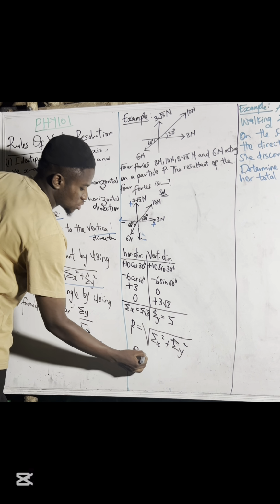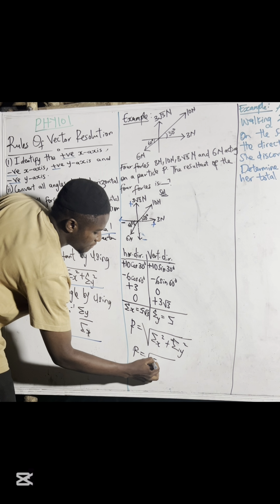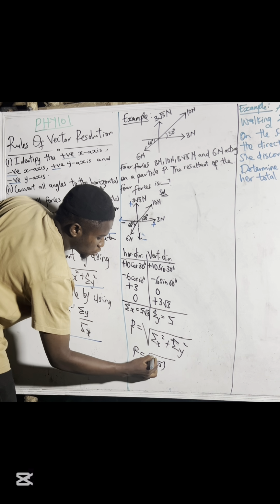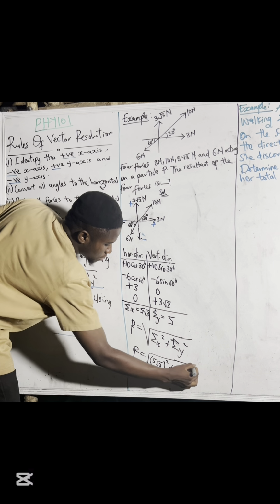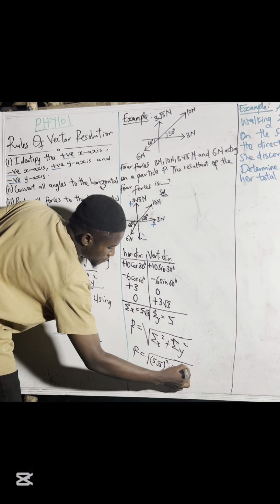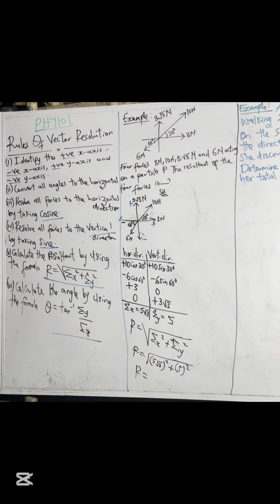Your R is equal to the square root of summation x, that is 5 root 3, squared, plus summation y, 5 squared. So guys, we are going to press that on the calculator. Root 5 root 3 squared plus 5 squared.